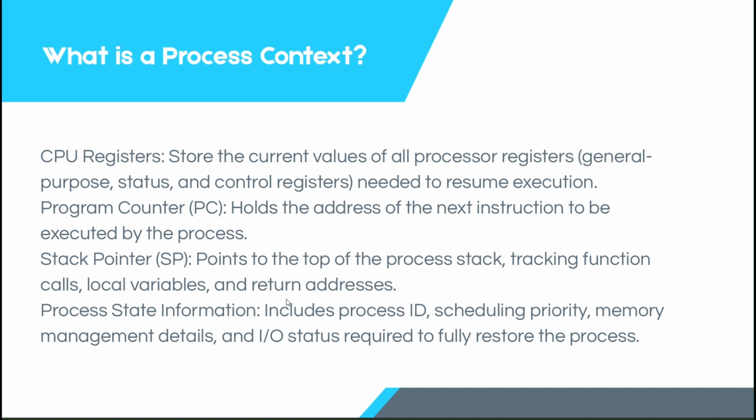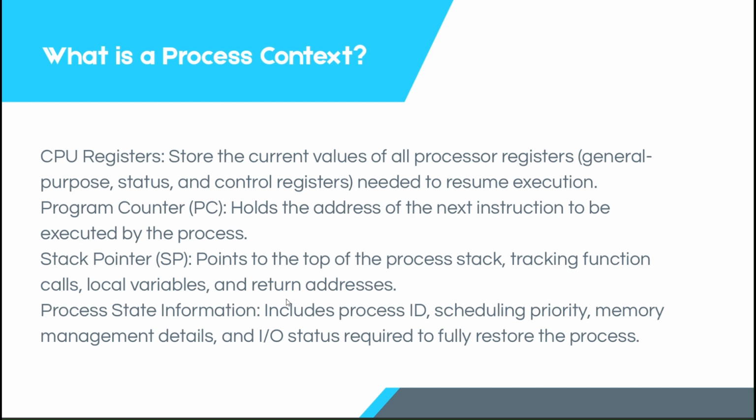Without saving all this information, the operating system would never know where the process stopped. Every time a process is resumed, it would have to start from the beginning. This would waste a lot of time and make multitasking impossible. Therefore, process context acts like a checkpoint of the process. It stores everything necessary so that execution can continue smoothly after a context switch.